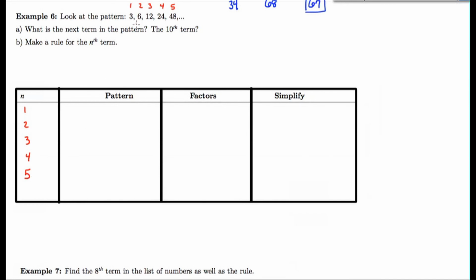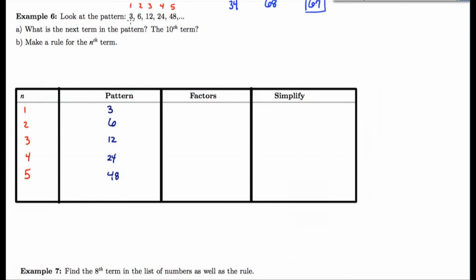And I get 3 is my pattern. And the second one is a 6. And then it's a 12, 24, 48. So if you notice here, we are not increasing by the same number each time.